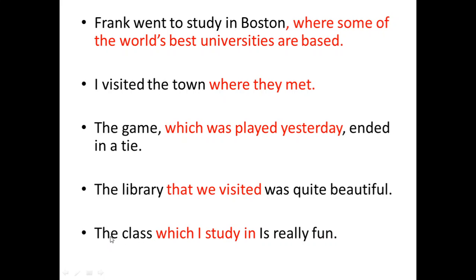It's a place. The class which I study in is really fun. But notice the difference between which and that. That, we said, is for things and people, while which is only used for things. You will never find a sentence where which is used for people. You don't have that.